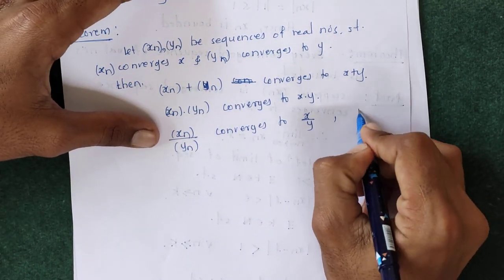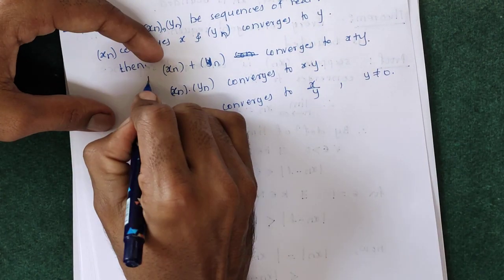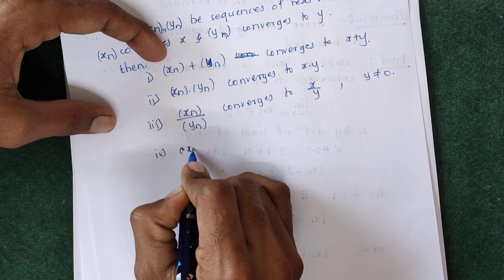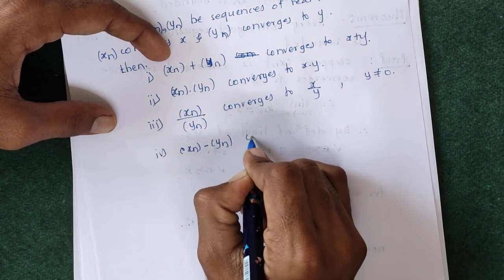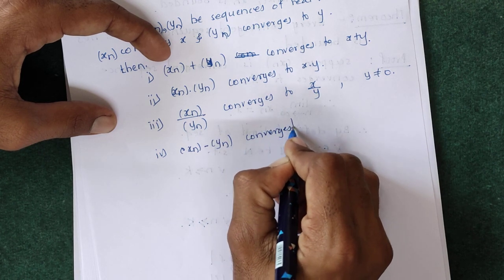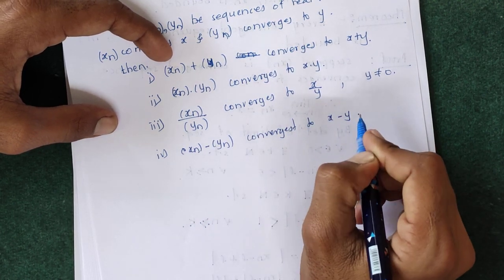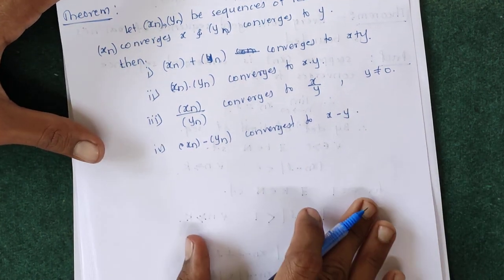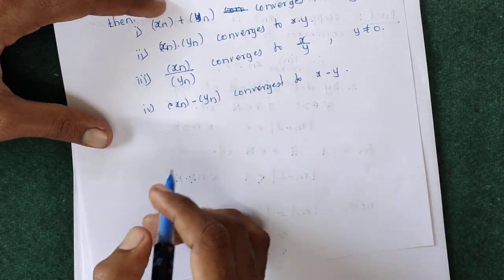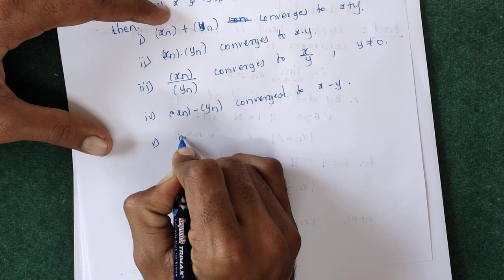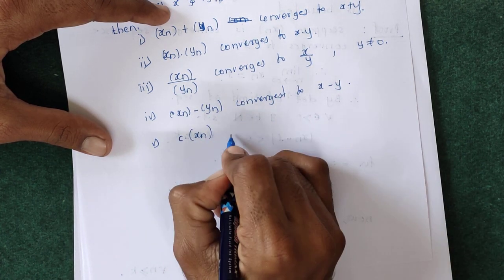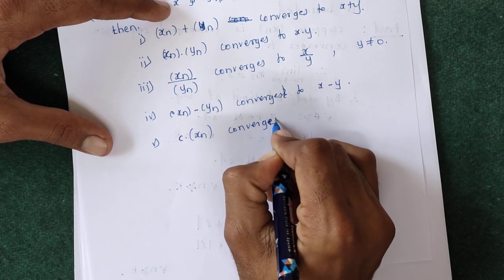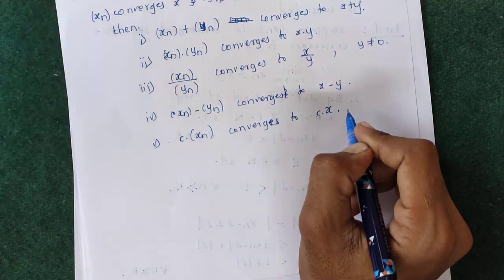Suppose this is the first, second, third, fourth. Also, if c is a constant number and xn is a sequence, then c into xn again converges to c into x.